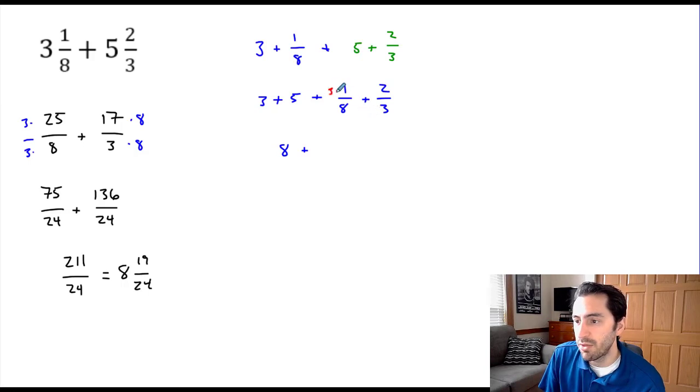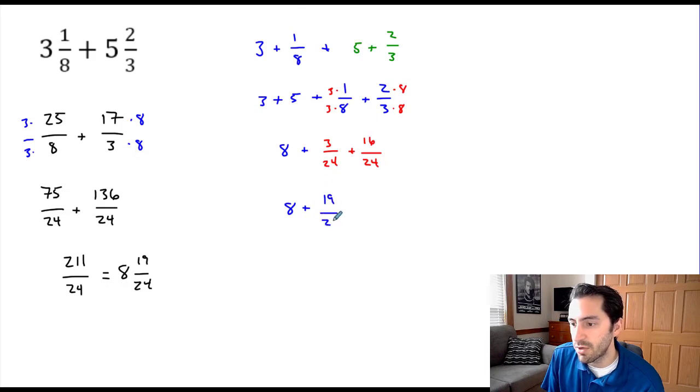So we'll multiply by 3 for our first fraction, multiply by 8 for the second fraction. So we end up with 3 over 24. And then for the second one, 2 times 8, we get 16 over 24. So now combining those two together, 3 plus 16, just combine the numerators. We get 19 over 24.